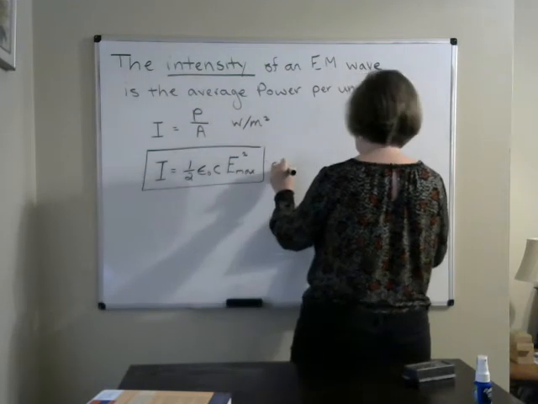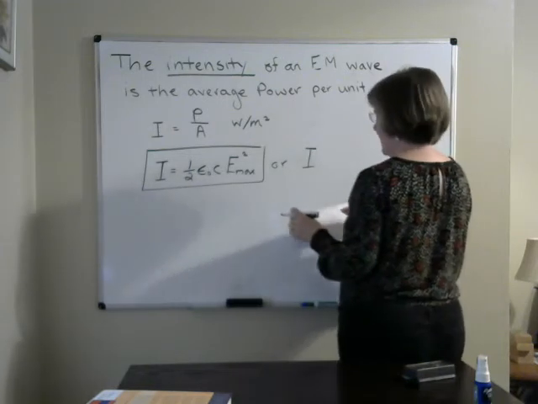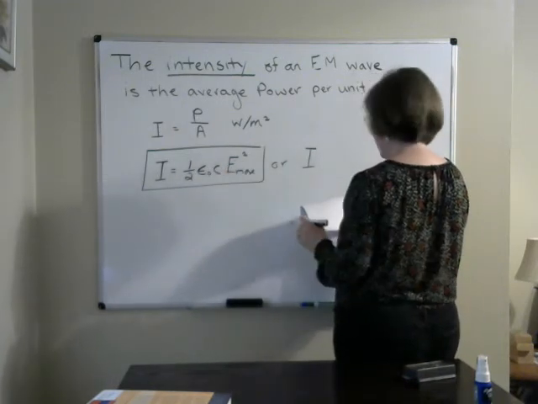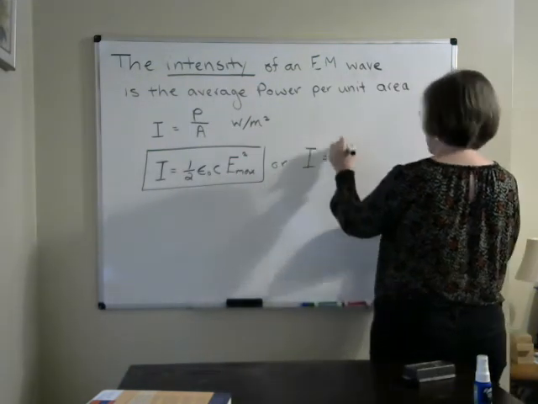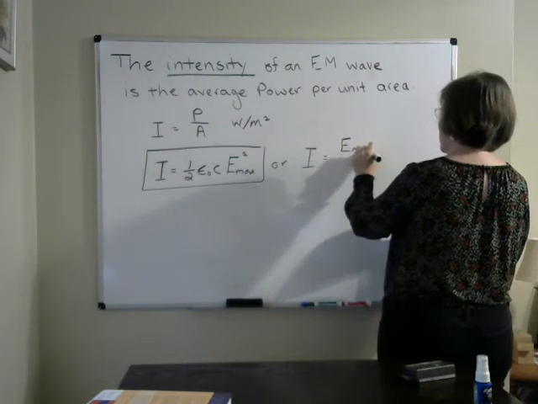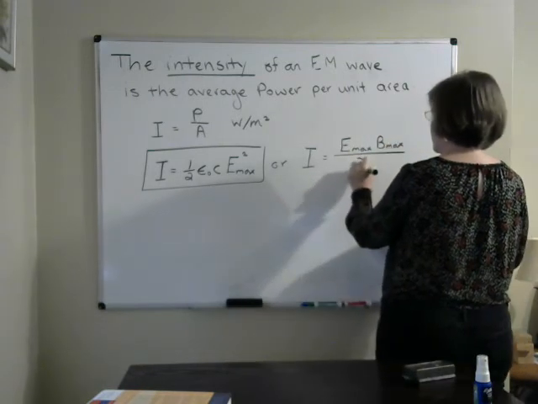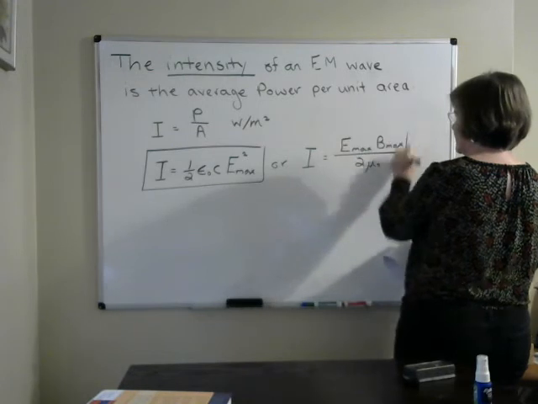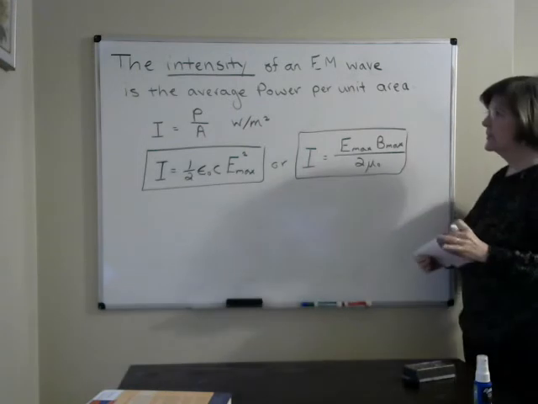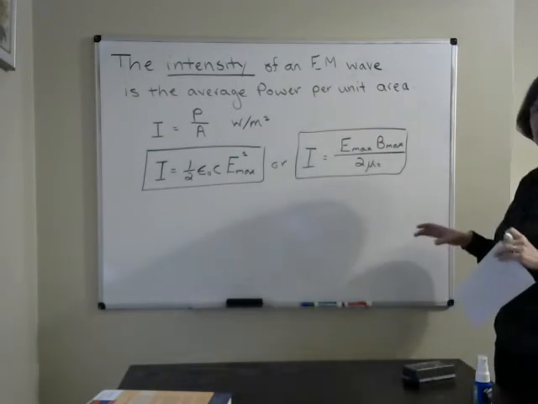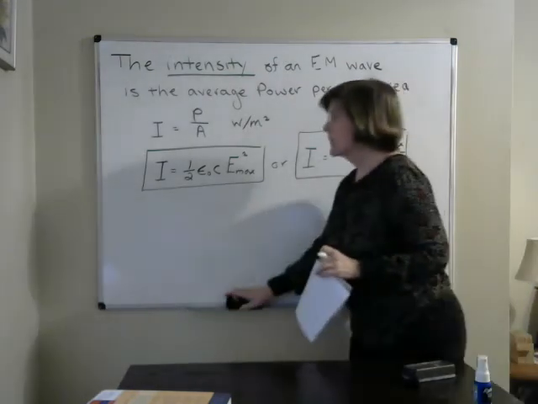Or another formula, replacing the fact that C times E is B max, with a little bit more substitution, we can get that the intensity is the maximum value of E times the maximum value of B over 2 mu naught. So two formulas, both really easy to use. It really just depends on what information you have available as to which one of these formulas you want to use.